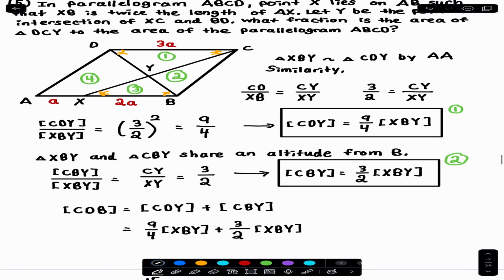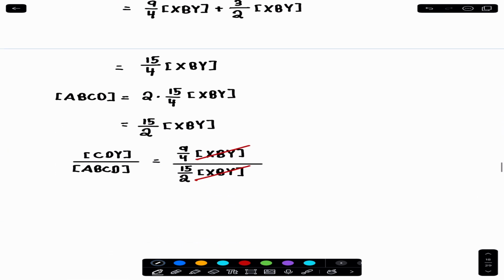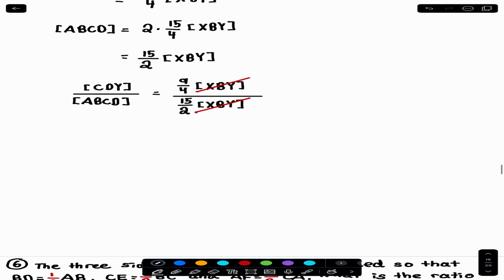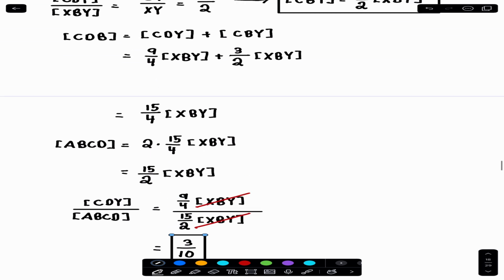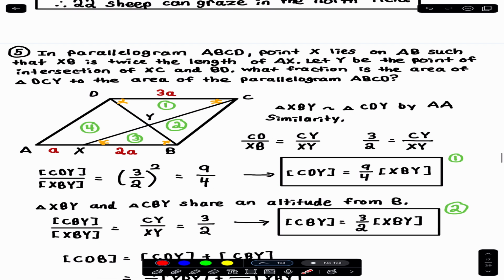I don't know what triangle XBY is, and I don't need to know what the area of triangle XBY is, because we just care about the ratio. 9 over 4 divided by 15 over 2 ends up being 3 over 10. So basically triangle CDY takes up 3/10 of the entire parallelogram.